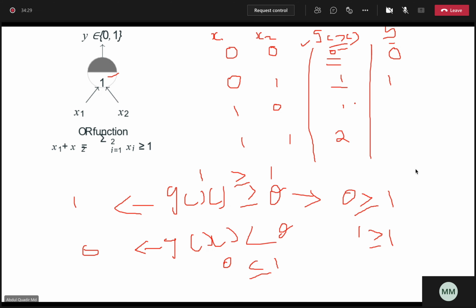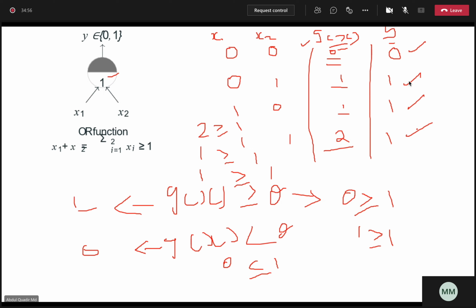Again, 1 greater than or equal to 1, so it fires 1. Then 2 greater than or equal to 1, fire 1. Is this clear now, students?